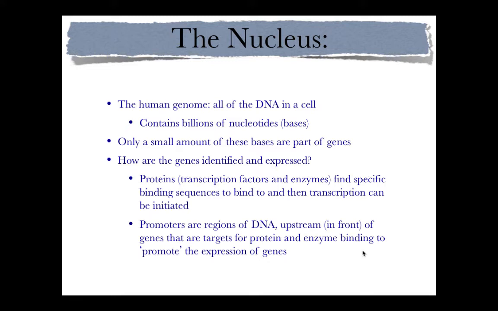One of the things to keep in mind is only a small amount of these bases are part of genes. So let's say, for example, I have a chromosome that is a few million nucleotides long. And first of all, how many billions of nucleotides are in the human genome? Remember that? Approximately 4 billion.